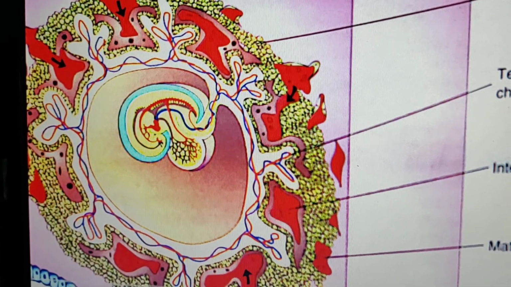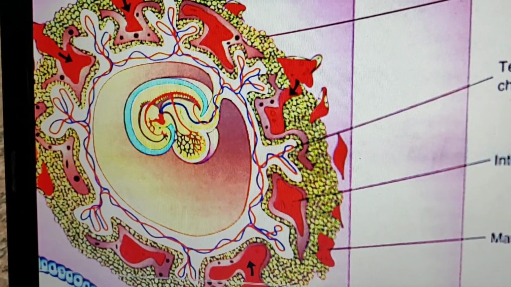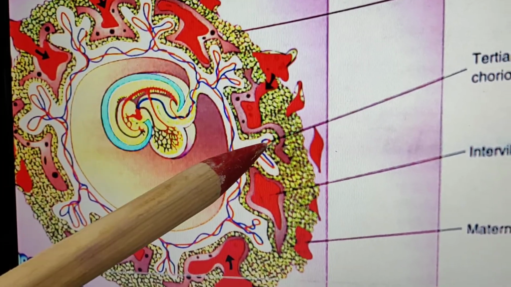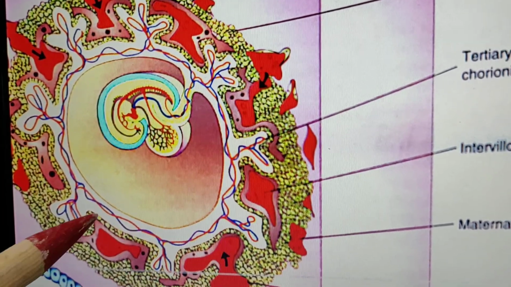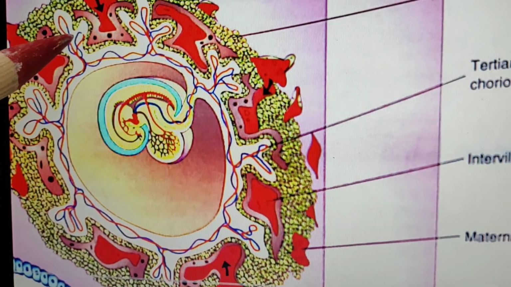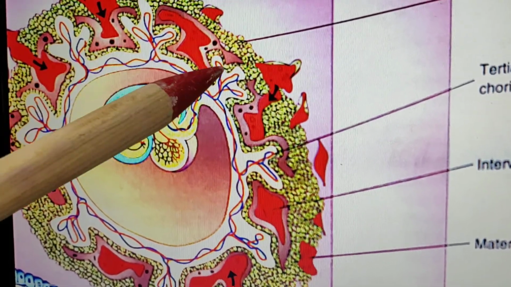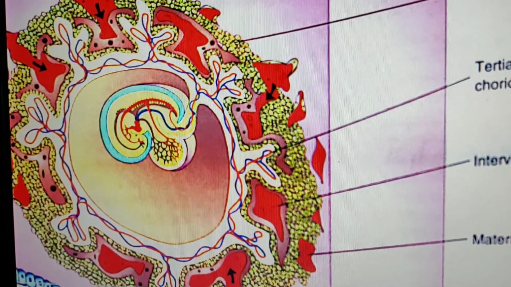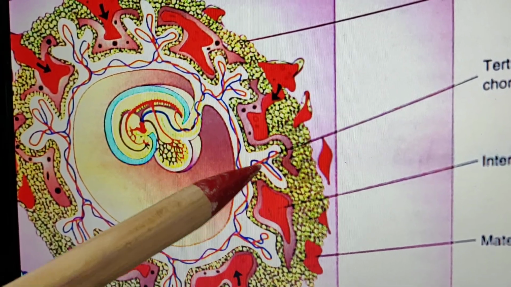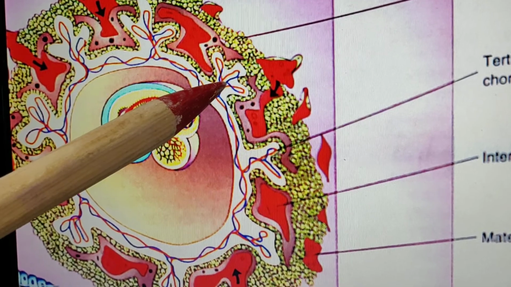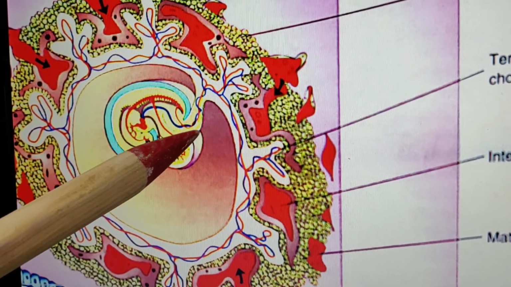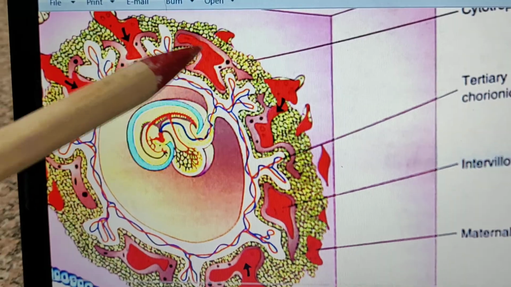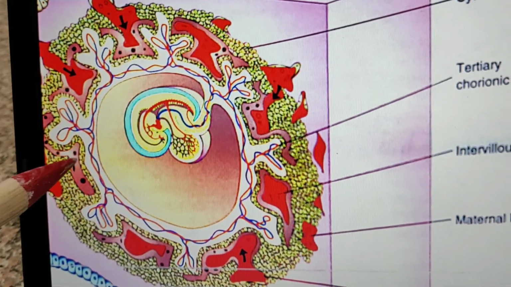Now see the tertiary villi. These villi now are vascularized. You see, in each villus there is a set of capillaries present, and these capillaries communicate with the vascular system of this embryo. It is the intervillous space.